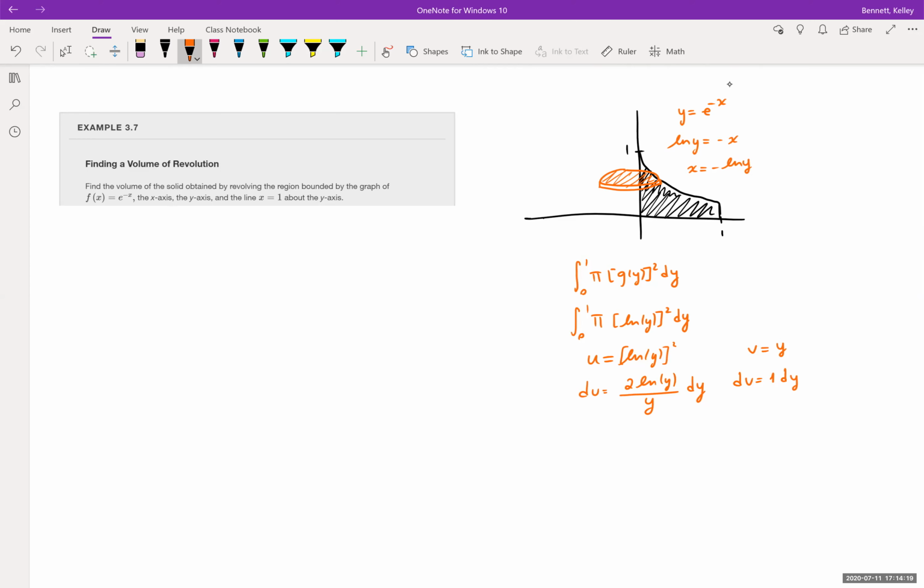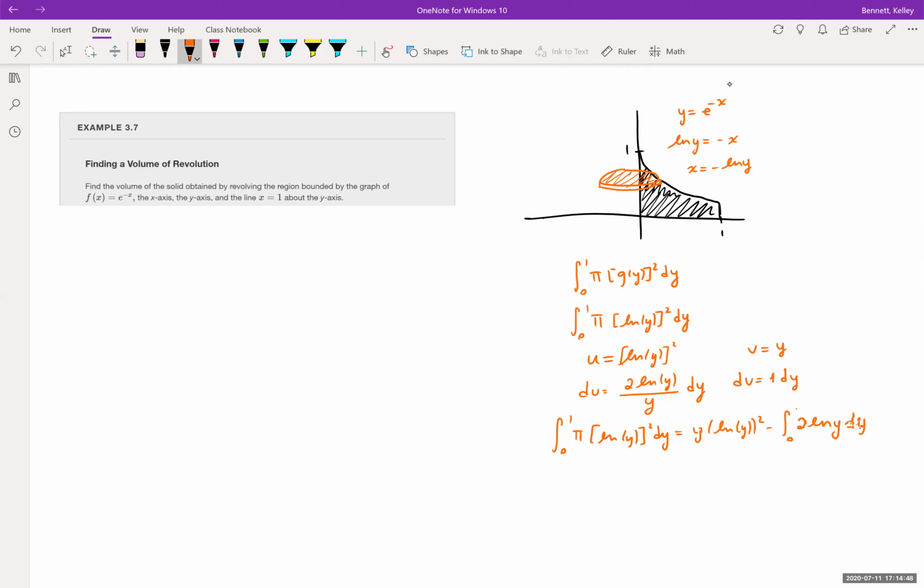So then what would happen? You would have the integral from 0 to 1 of pi ln y squared dy. And so you would get u times v, which is y ln y squared, minus the integral of 2 ln y dy.